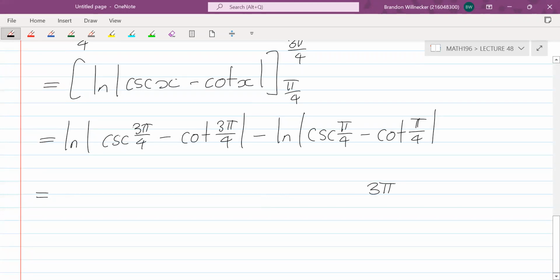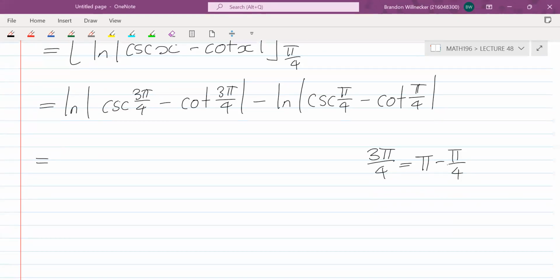So if we just write 3 pi over 4, that's the same thing as pi minus pi over 4. So you can think of this as 180 minus 45, if you want to think about it in terms of degrees. Sorry, 3 pi over 2, that's 270.